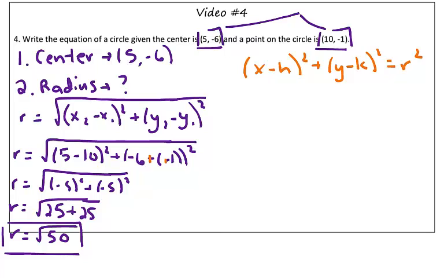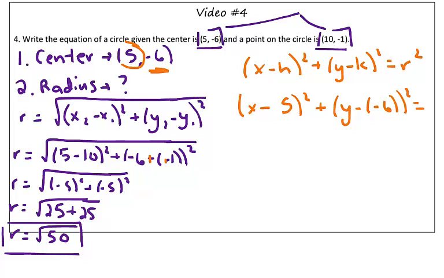So, going ahead and just substituting in these values, we've got x minus 5 quantity squared, plus y minus a -6 quantity squared equals our radius. Our radius is the square root of 50. Remember, we square that.